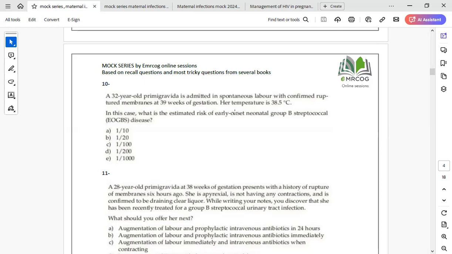The estimated risk of early onset GBS in the UK. It can come as a percentage, and it can come in decimals.